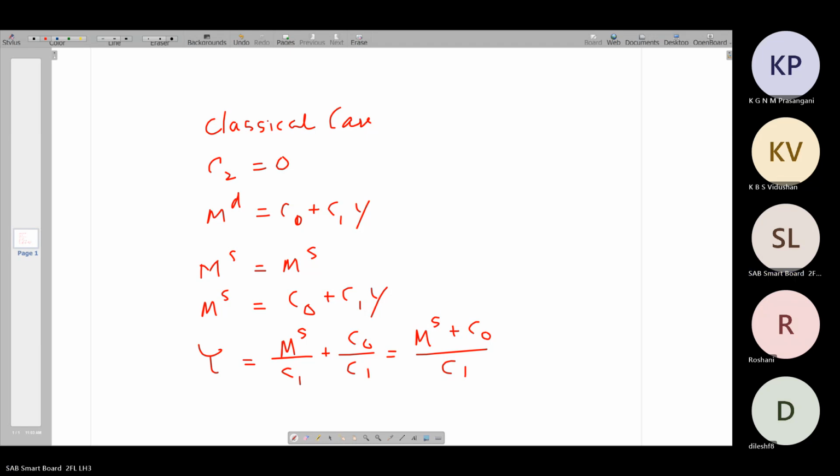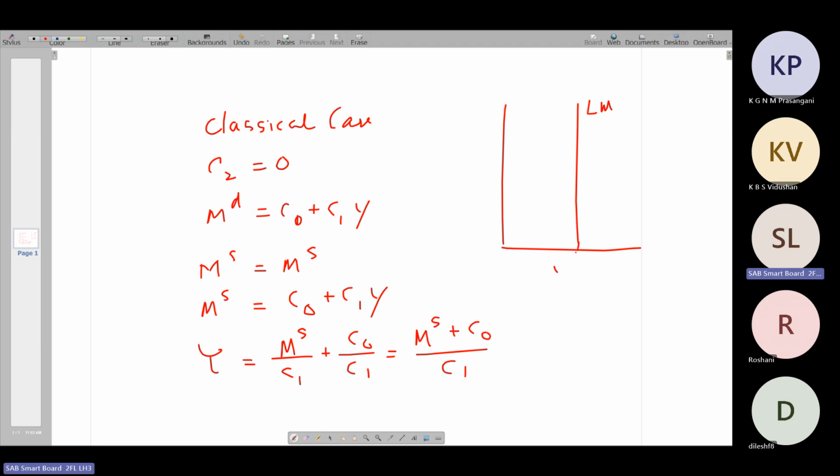This is the equilibrium, and under the classical case the LM curve becomes vertical.